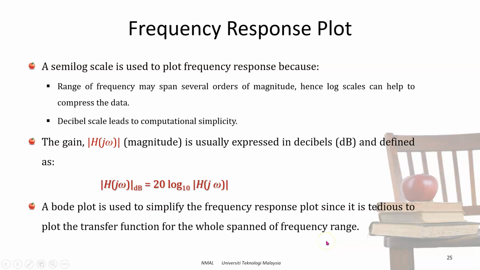Let's say you want to plot from a frequency as small as omega equal to 1, and as large as omega equal to 1000. When you plot in a normal graph, it will be a very big graph. When we use log scales, it helps to compress the data, and you can plot low and high frequency ranges in one graph.